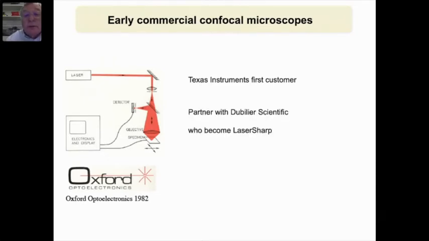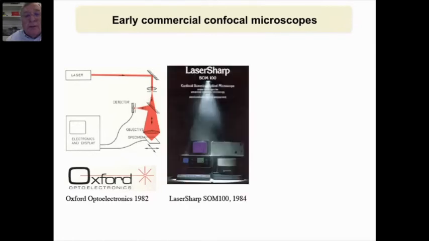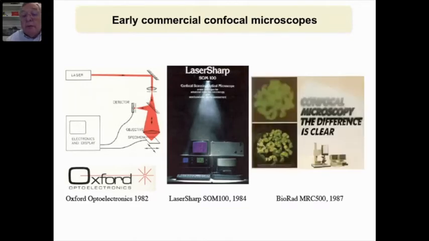We then got into bed with a local company, Du Billier Scientific, which then turned into Laser Sharp and a slightly more professional looking thing. And the screens you see at the bottom of the image are the long persistent screen. This was only in 1984, and then Laser Sharp became Biorad, and the rest is more or less history.